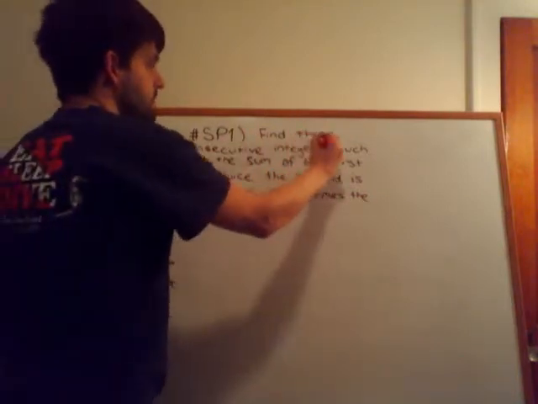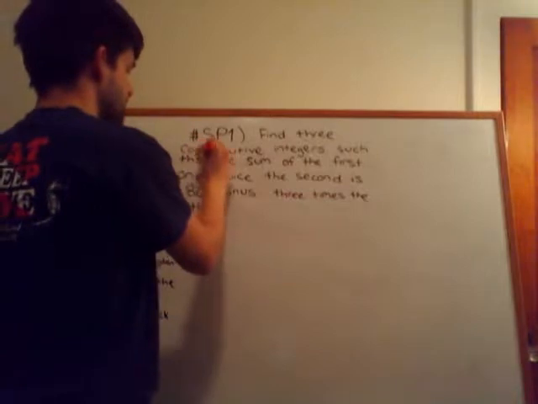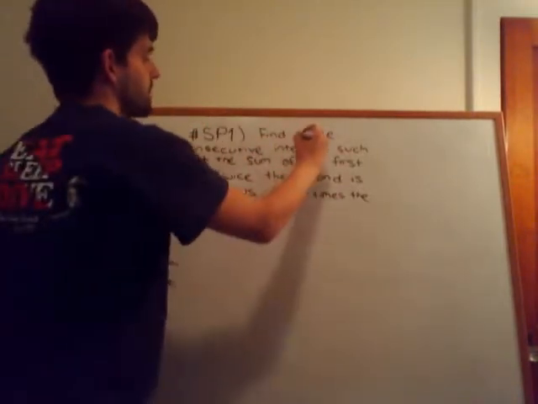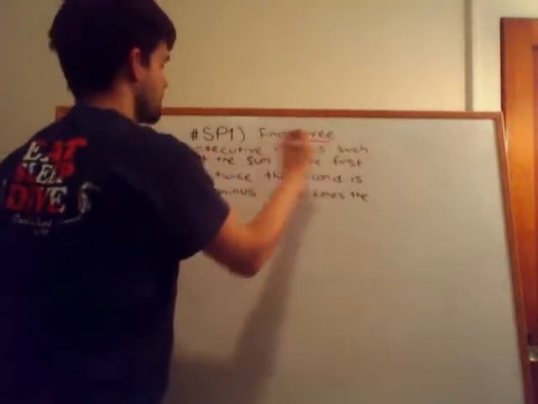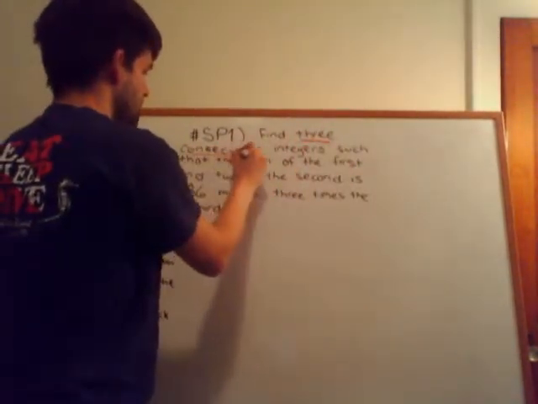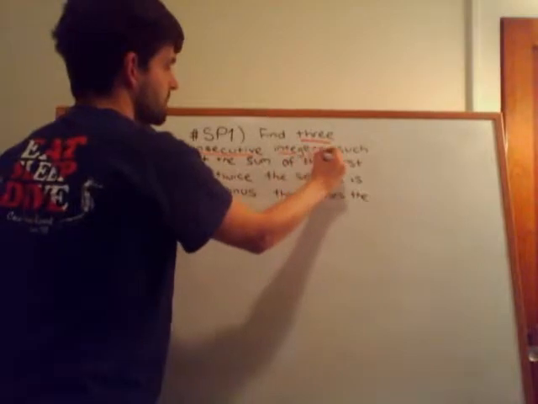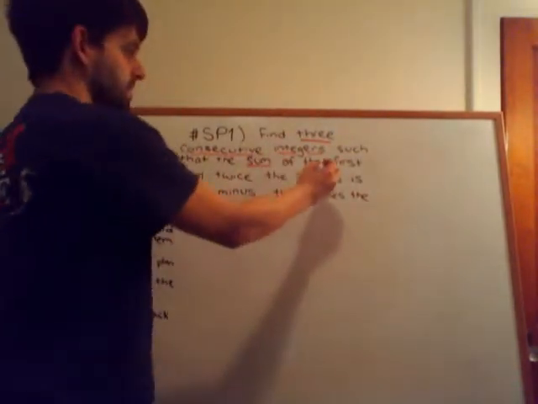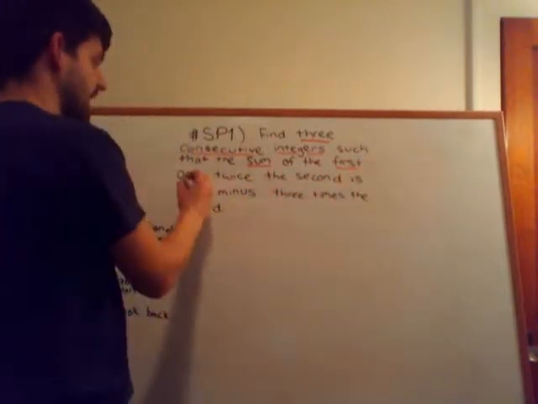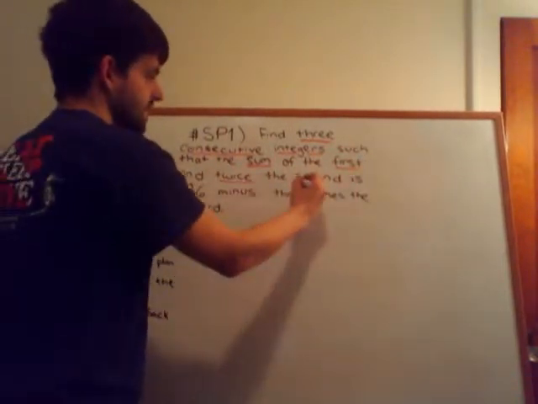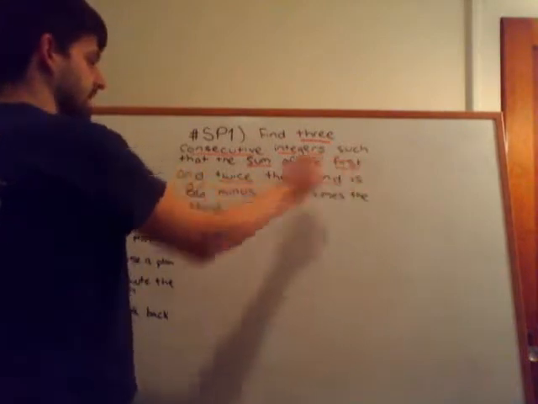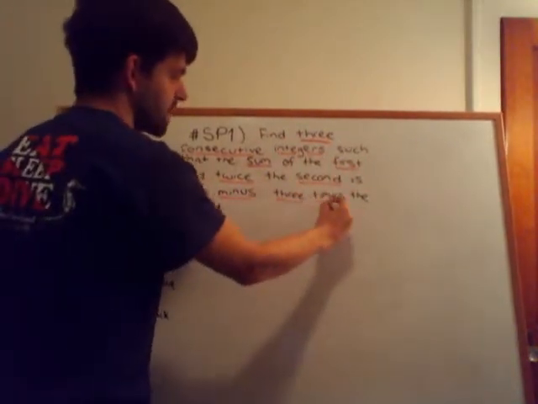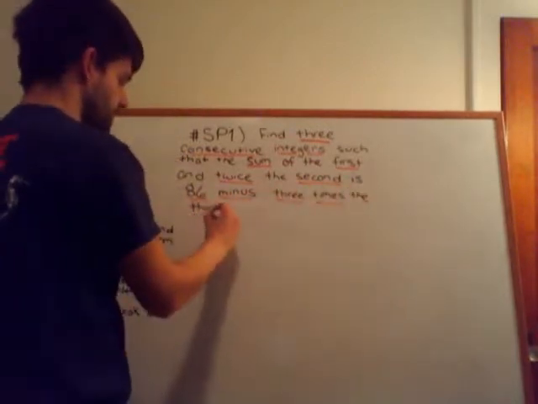Find three consecutive integers such that the sum of the first and twice the second is 86 minus 3 times the third.